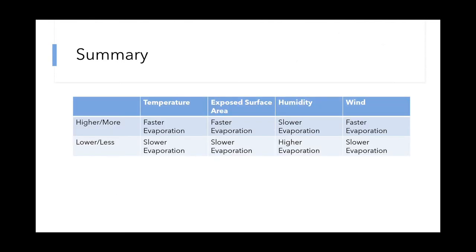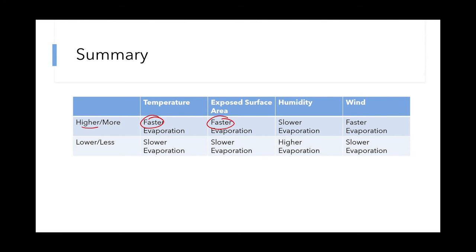So I mean there's a lot of information, although there's just 4 factors. There's a simple way to remember. Basically everything is as per normal. When the temperature is high, evaporation is faster.